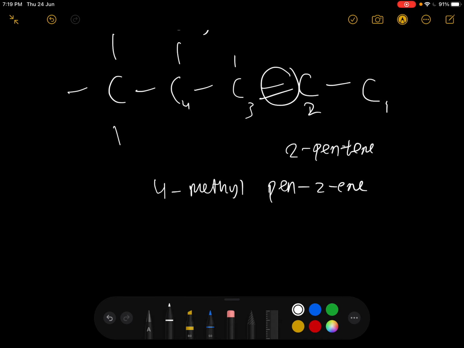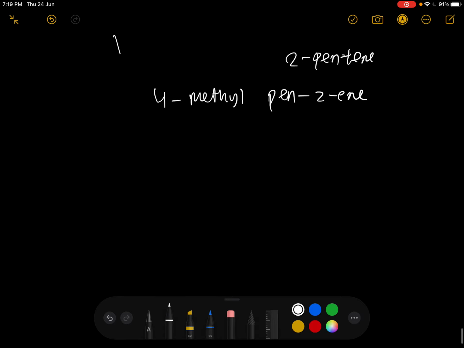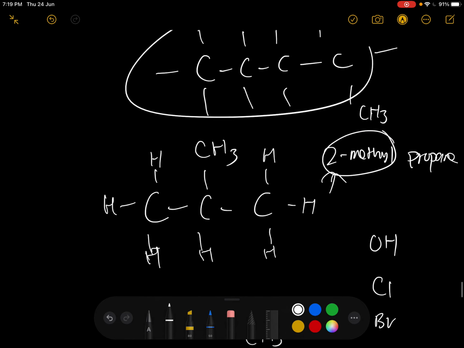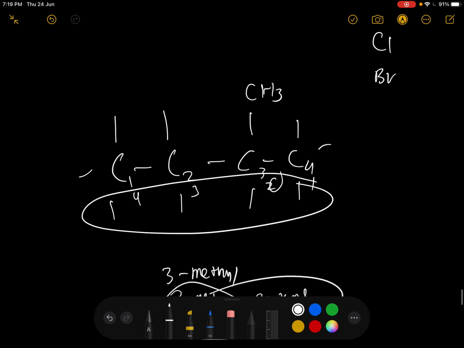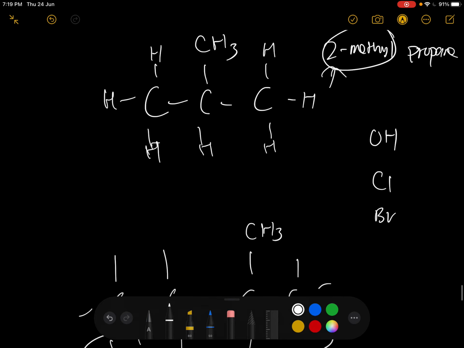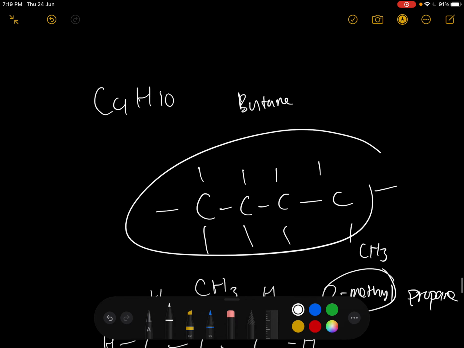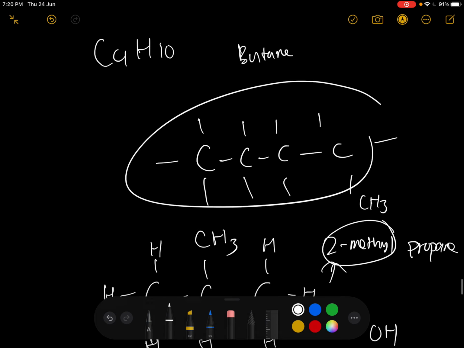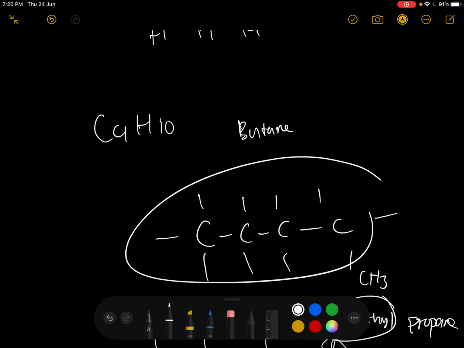Okay, let me see if I forgot to mention anything. Okay, it says that there are two types of structural isomerism. Number one is chain isomerism, which is basically the example I mentioned earlier, butane and 2-methyl propane.